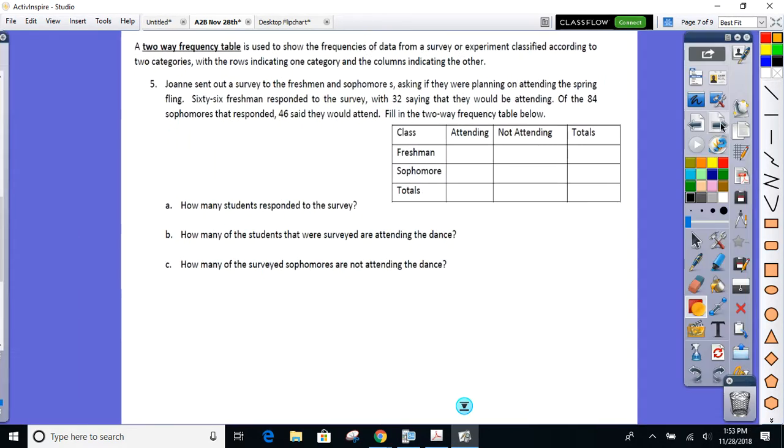Here's what I need you to do. Fill out your own two-way frequency table. I will give you 2 to 3 minutes right now with your partner or partners to see if you can fill out that table and answer parts A, B, and C on your own.